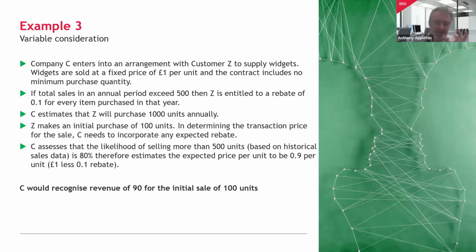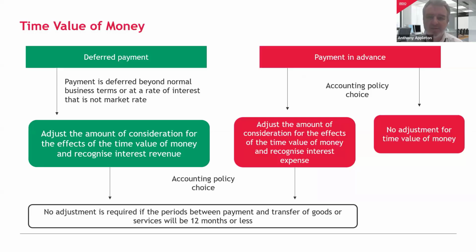Moving on then to the next of our detailed considerations around transaction price, namely the time value of money. Now, the rules are slightly different for whether you expect to receive the monies after delivery of the goods or services, or whether you will be receiving the monies in advance of your delivery.